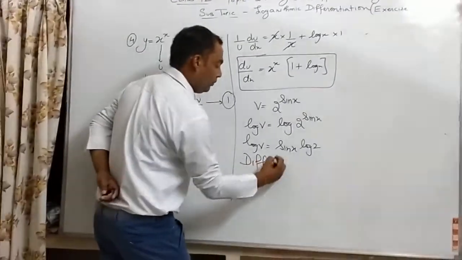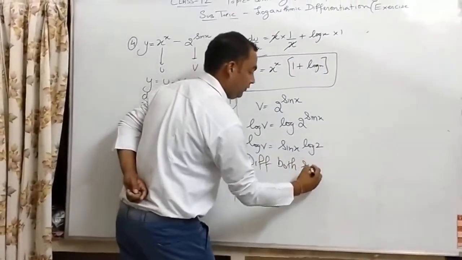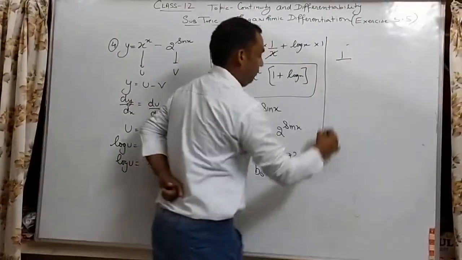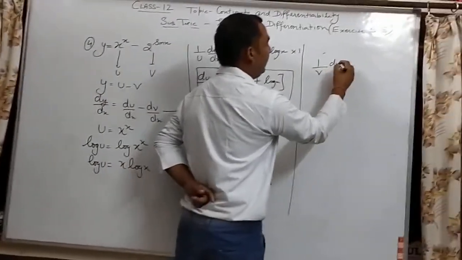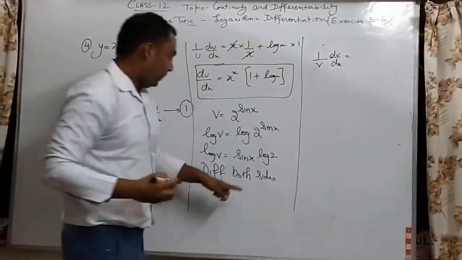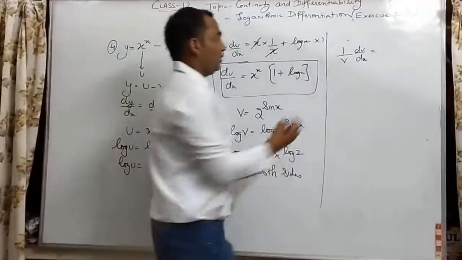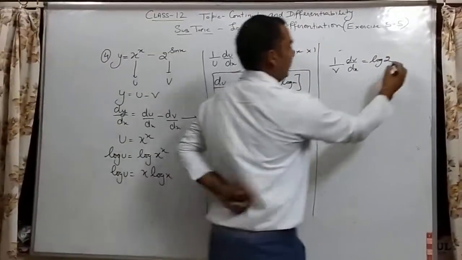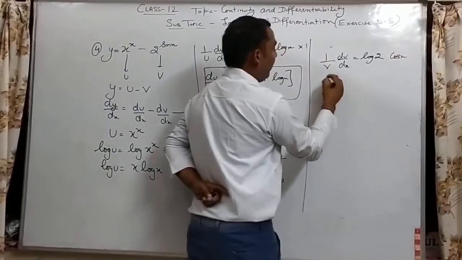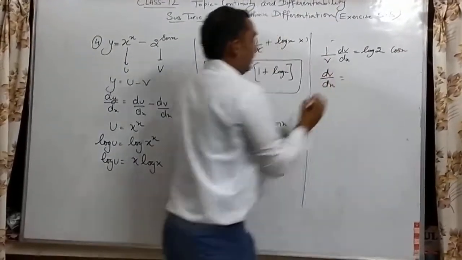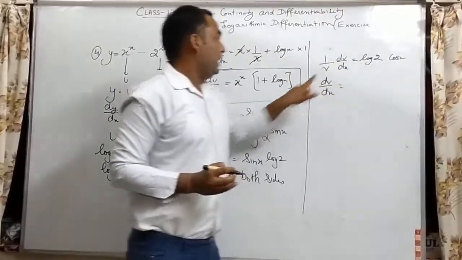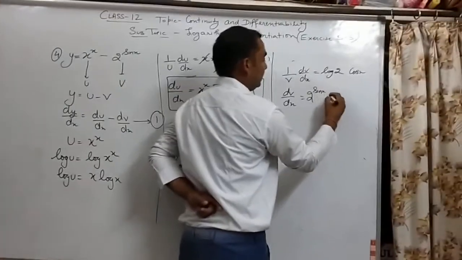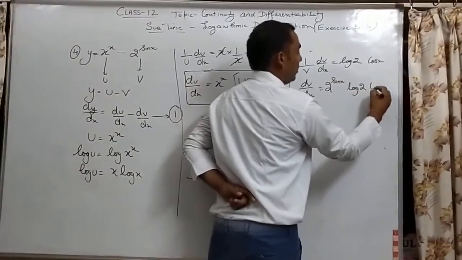Differentiating both sides, we get derivative of log v, 1 upon v dv upon dx. Now here log 2 is constant, the constants come out and derivative of sin x is cos x. So dv upon dx, this v goes for cross multiplication and substituting value of v, it comes out to be 2 raised to power sin x log 2 cos x.